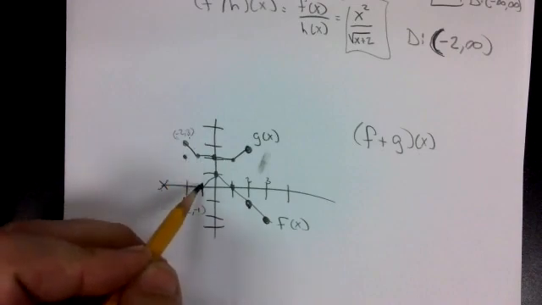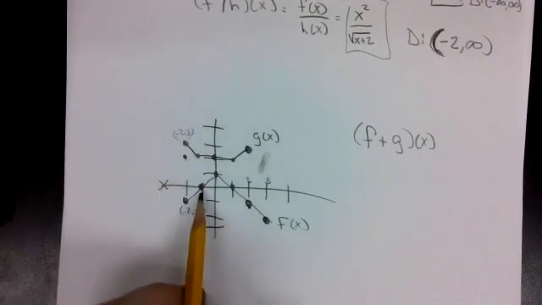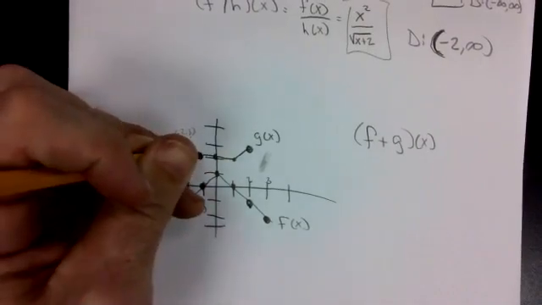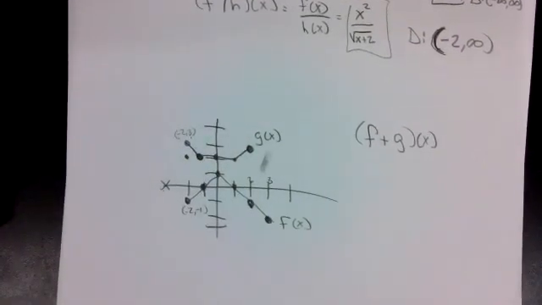Okay, here at this one, this one has a y value of 0. This one has a y value of 2. 2 plus 0 would be 2.